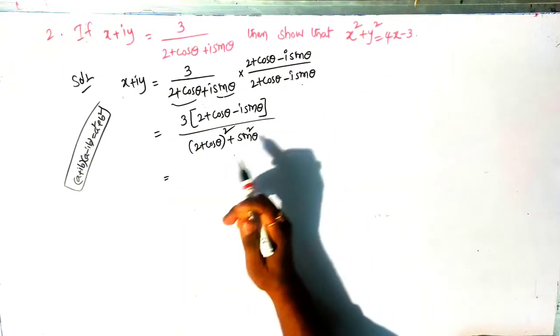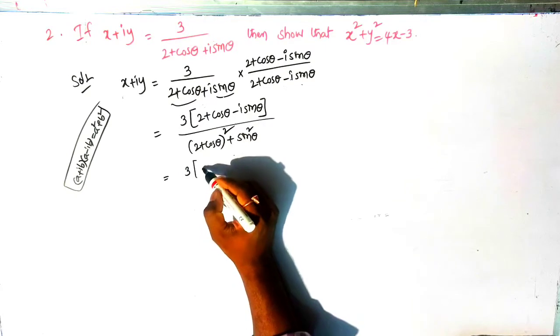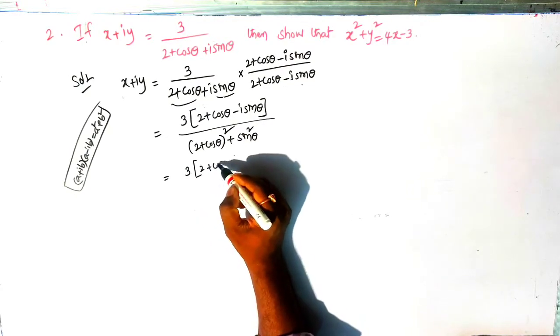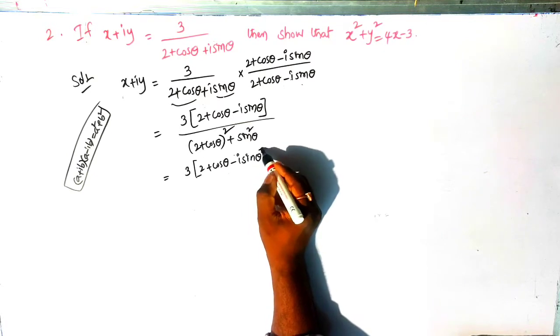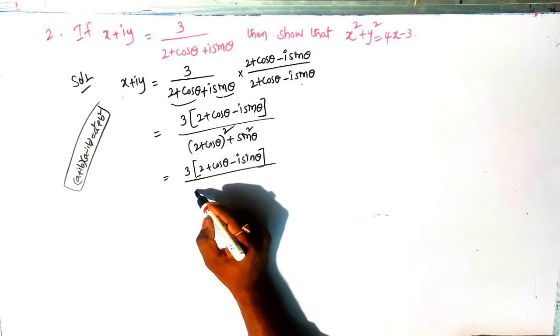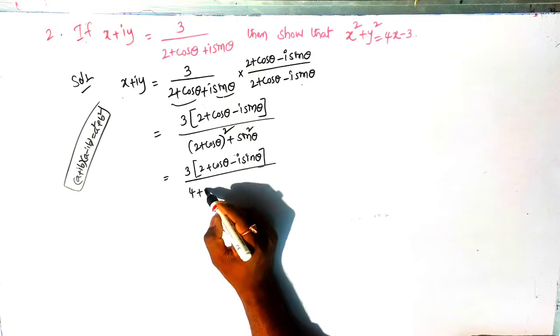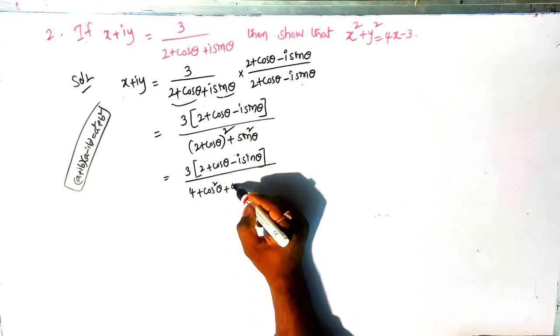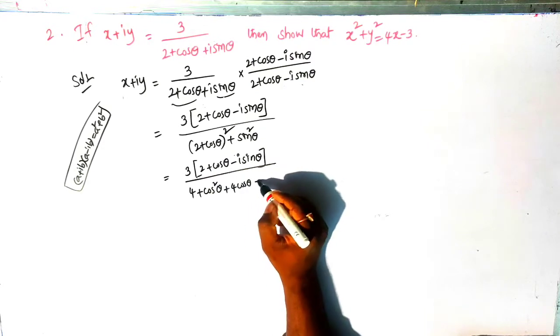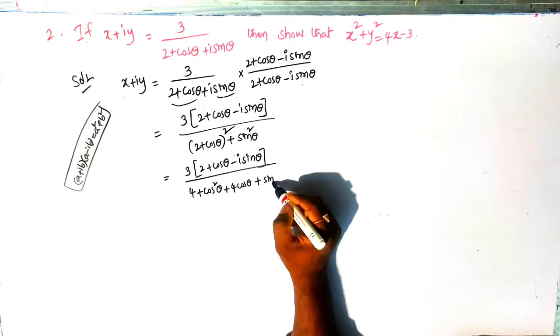Next, here we have 3 of 2 plus cos theta minus i sin theta, divided by (a plus b) whole square. 2 squared is 4, plus cos square theta, plus 2 times 2 cos theta, plus sin square theta.